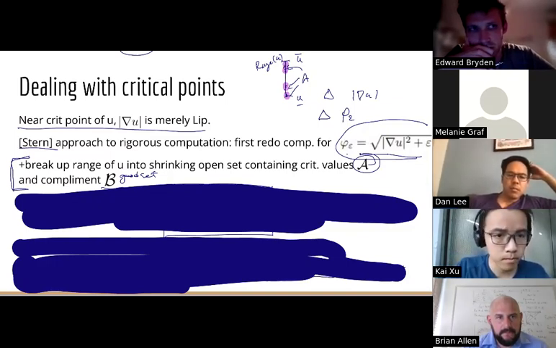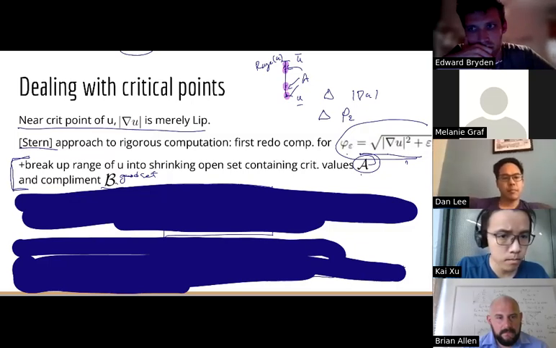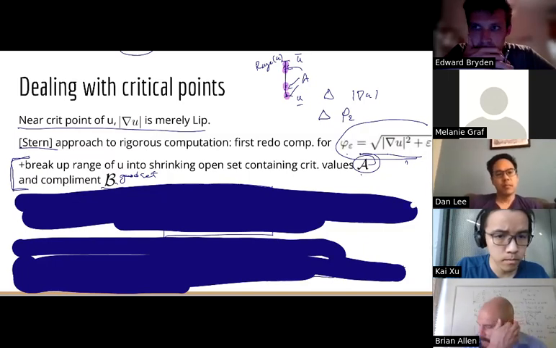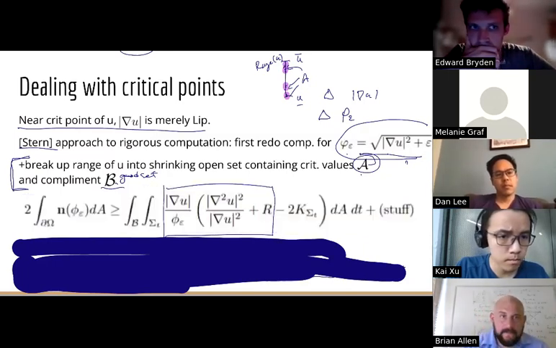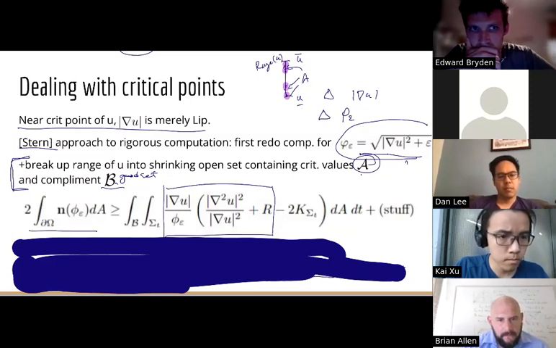Okay, so that's the strategy: compute using phi epsilon, and also break into good and bad regions to help in taking the limit as epsilon goes to 0 and obtaining the resulting formulas. If you do what I just suggested, you start with phi epsilon and you redo the calculation, you get something like this. So the boundary term is more or less the same as what we saw before. It's written in a co-area form.